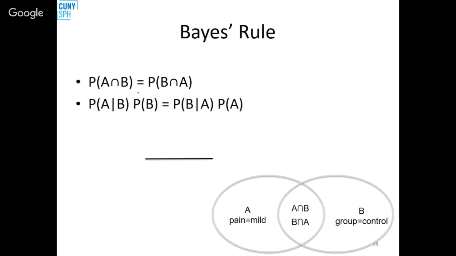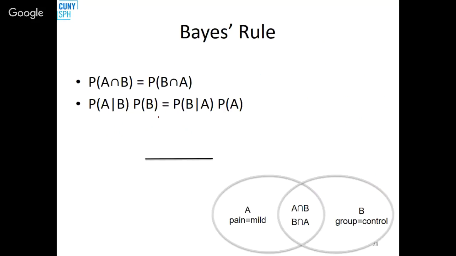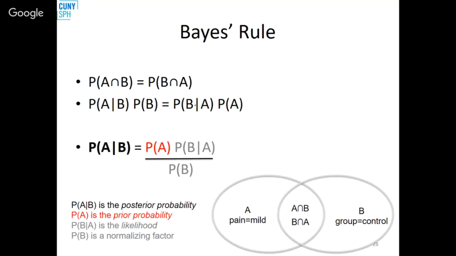So substituting back in this equation we had on the previous page, if I multiply this through by probability of B, then the probability of A and B is the probability of A conditional on B times the probability of B. And because of the transitivity, that has to be the same as if you switch A and B. And that leads to Bayes' rule.